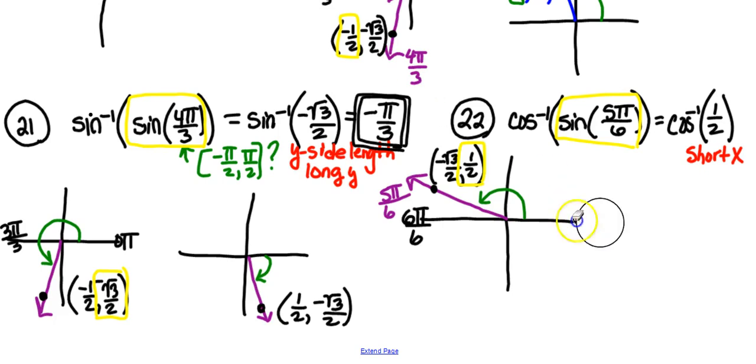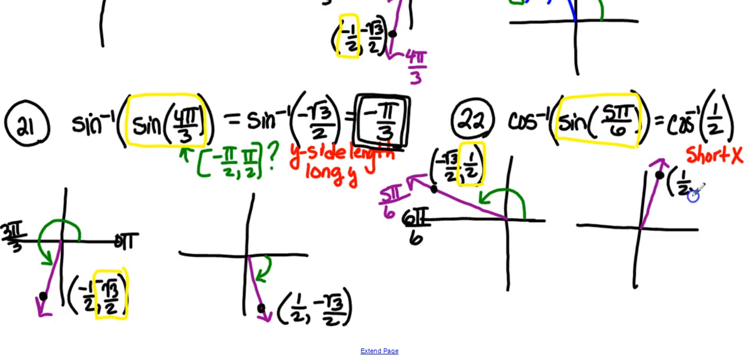So now our job, just going to make it a little shorter, is to go find the angle that has a short x length of 1/2. That will put me in quadrant 1 because it's a positive x, so I go right 1/2. And that's a short x, so I go to the right only a little bit before going up.